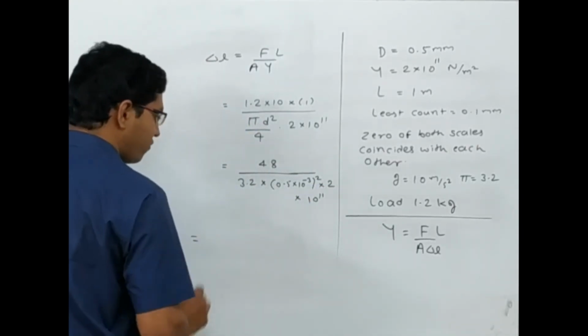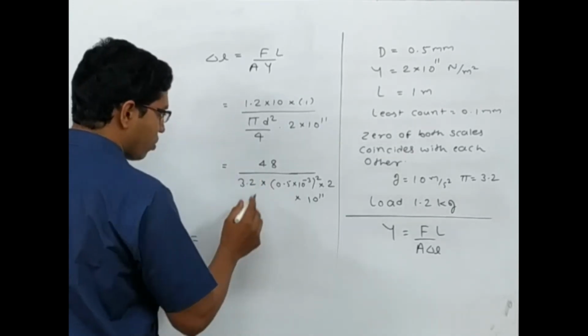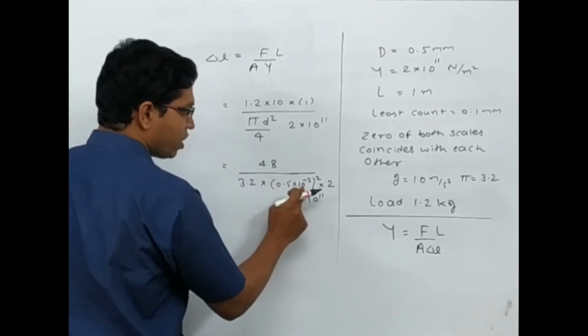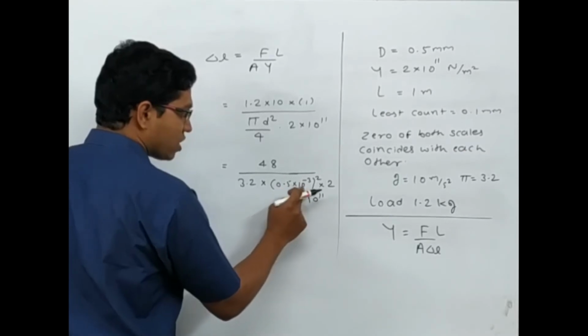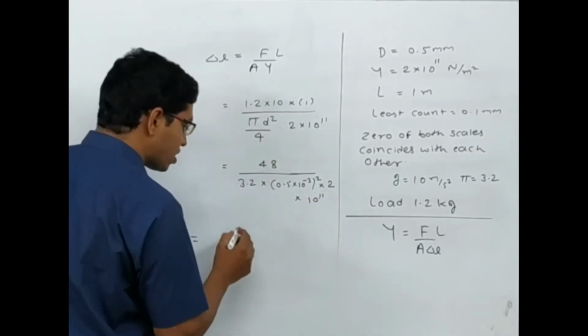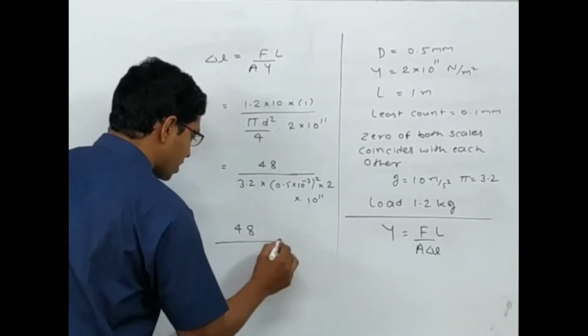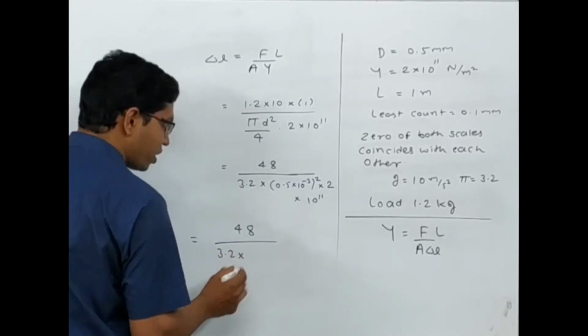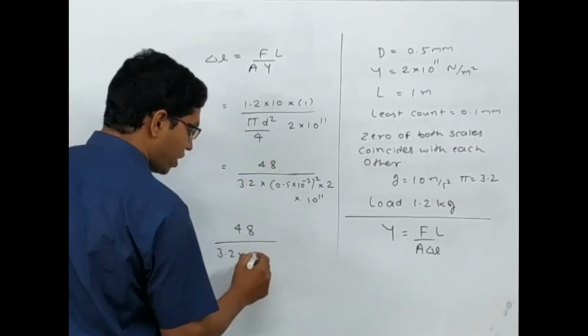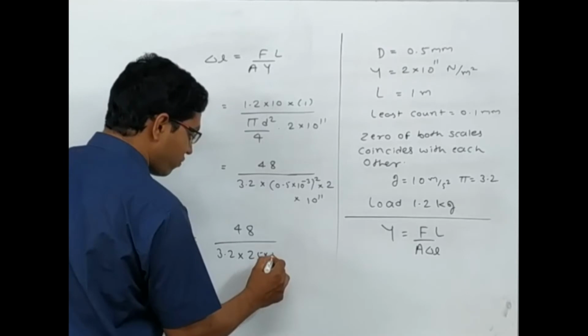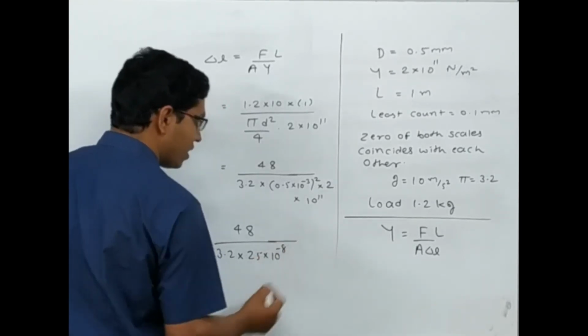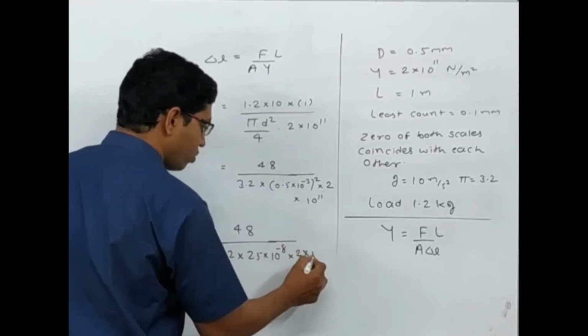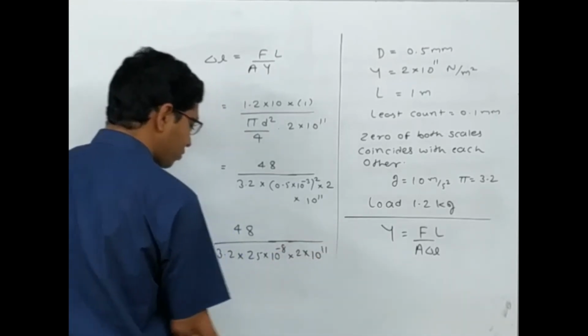So if I solve it further, this is going to become 5 into 10 raised to minus 4, and this 5 into 10 raised to minus 4 its square. So you will get this as 48 into 3.2, 5 into 10 raised to minus 4 its square, so 25 into 10 raised to minus 8, and this is nothing but 2 into 10 raised to 11.